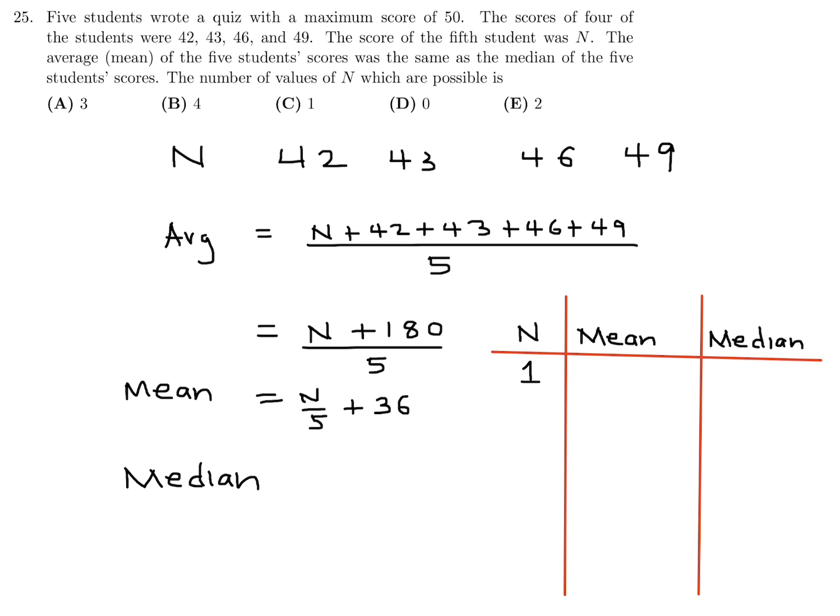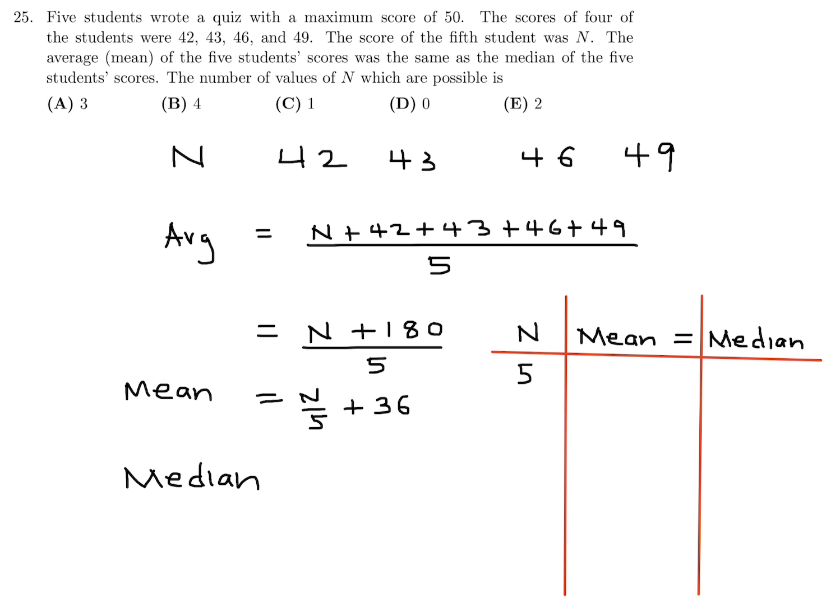And therefore, since the median and the mean have to be equal, the mean has to be a number. So we can only put numbers for N that are multiples of 5. That's the only way you're going to get an integer value for mean, and therefore be able to match the median. All right, so let's start with 5.